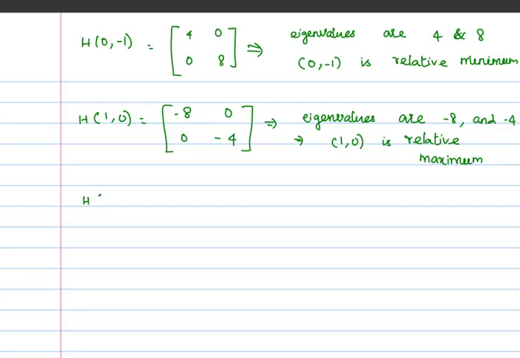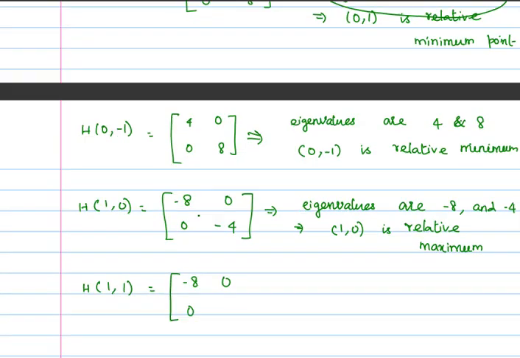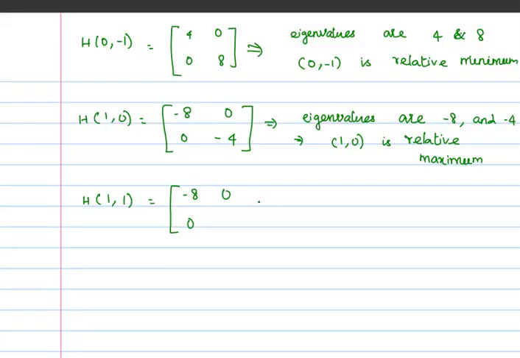Next is h of 1 comma 1. You will get it as minus 8, 0, 0 and 4 minus plus 1 is, again you will get it as 8. So then one eigenvalue is minus 8, another value is plus 8.